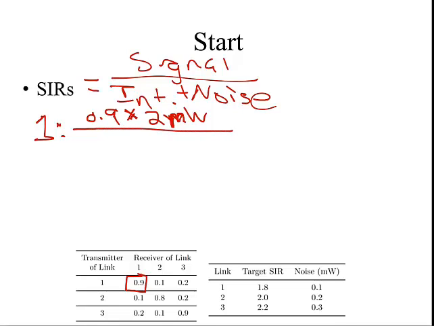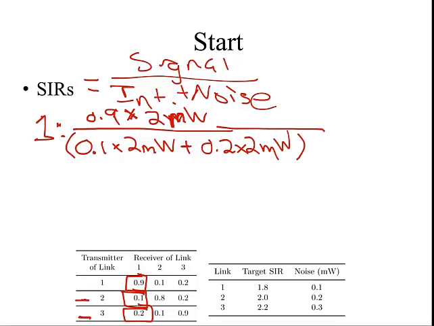And then the interference is going to be how each of these other transmitters, transmitters 2 and 3, couple into receiver 1. So for transmitter 2, that's 0.1, so 10% times that power, which is 2 milliwatts, again, because they're all starting at the same power, plus 0.2, which is that for transmitter 3, 0.2 times 2 milliwatts.